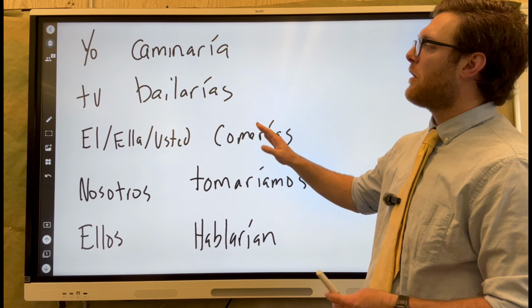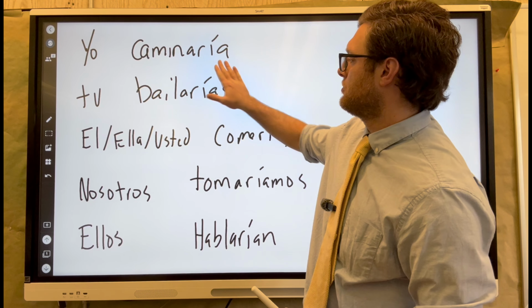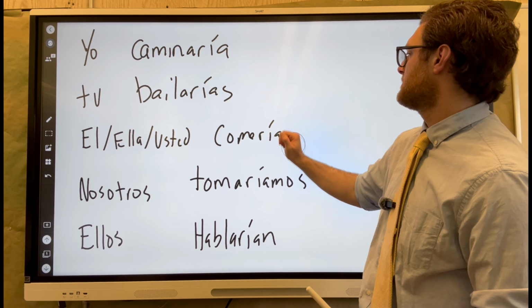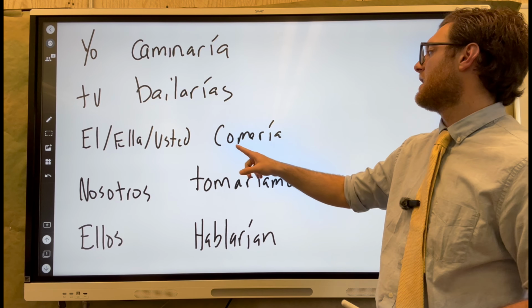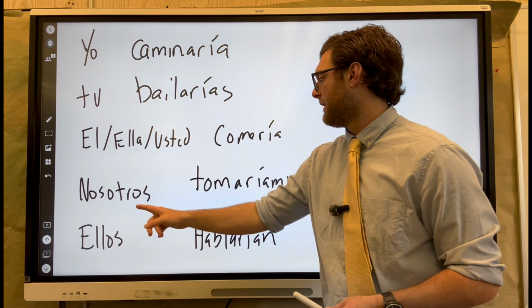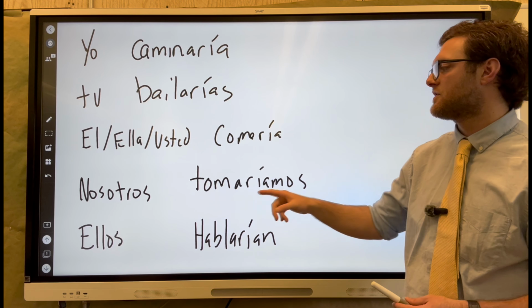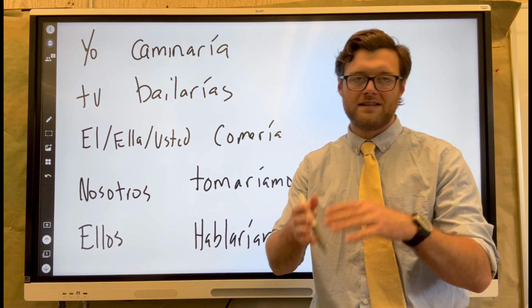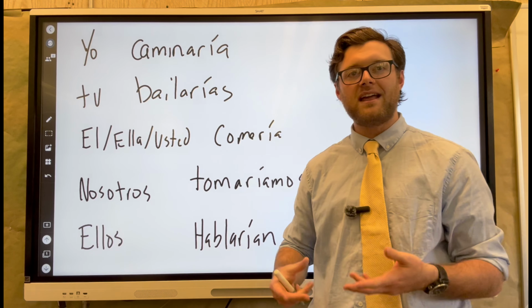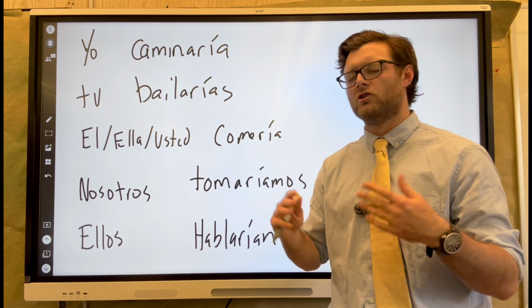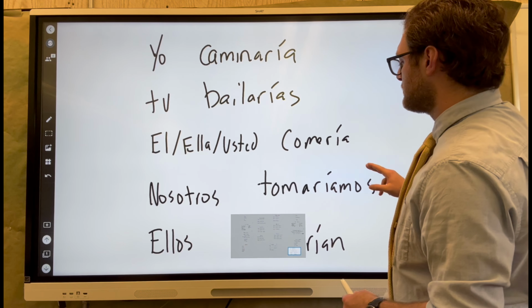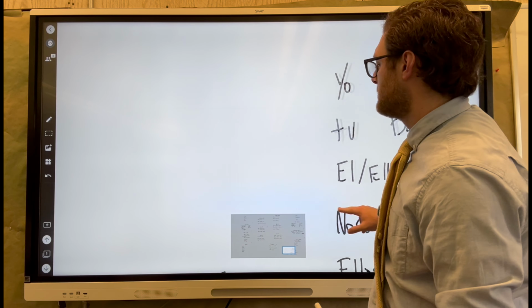All of these are how our conditionals are construed. You take the infinitive, you add the ending. Él, ella, usted comería, nosotros tomaríamos, ellos hablarían. All right, so you take the infinitive, you add its special ending, and that is your conditional tense. Super easy, something you will use instantly when you start talking to people in Spanish.